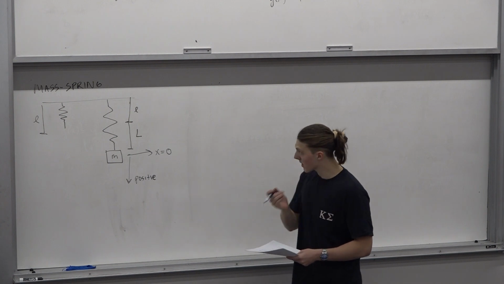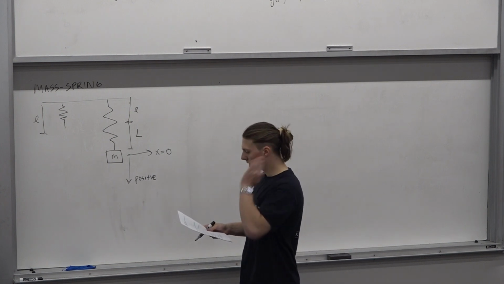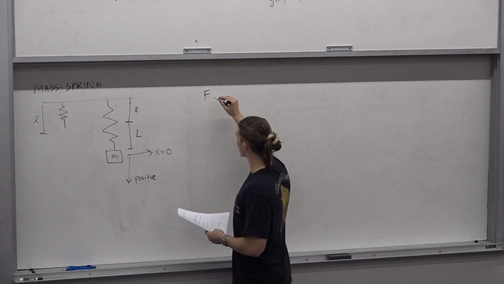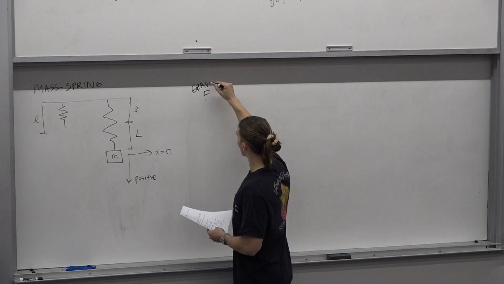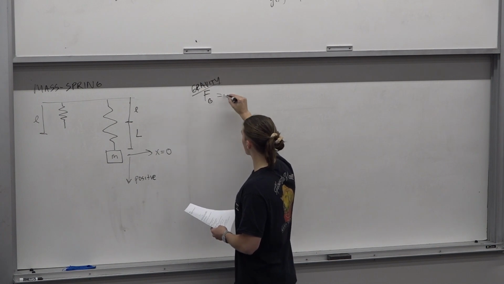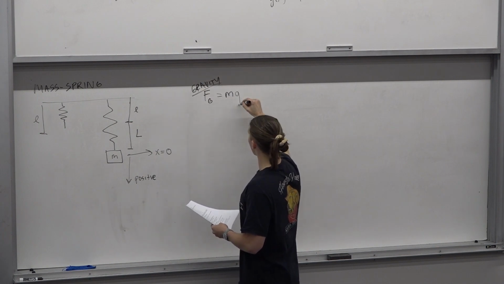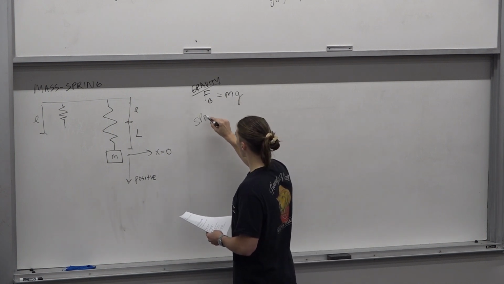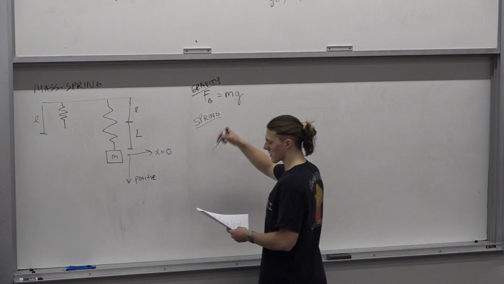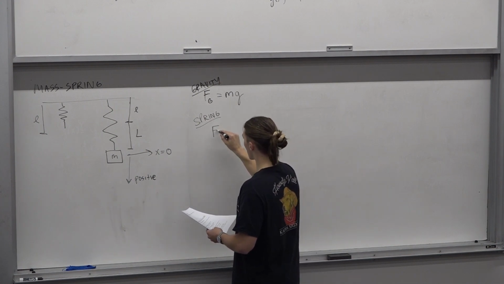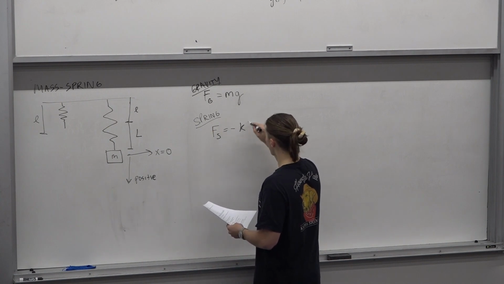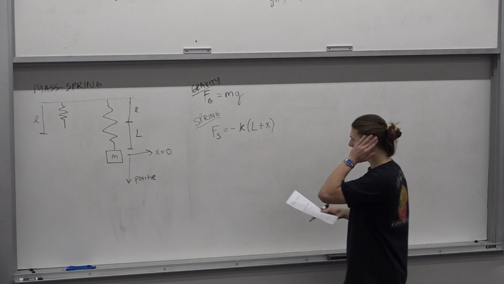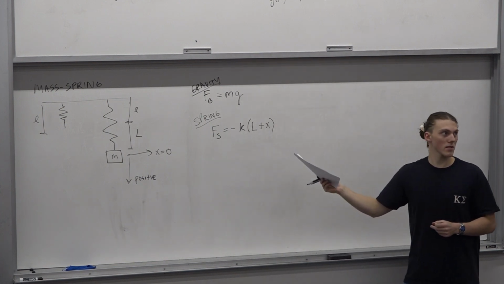Well, I'm not a physics major, but there are a couple forces that act on this system. Gravity. Force of gravity is the mass times gravity. The spring has its own force pulling, and it looks like this. K is a constant in this case, the spring constant.